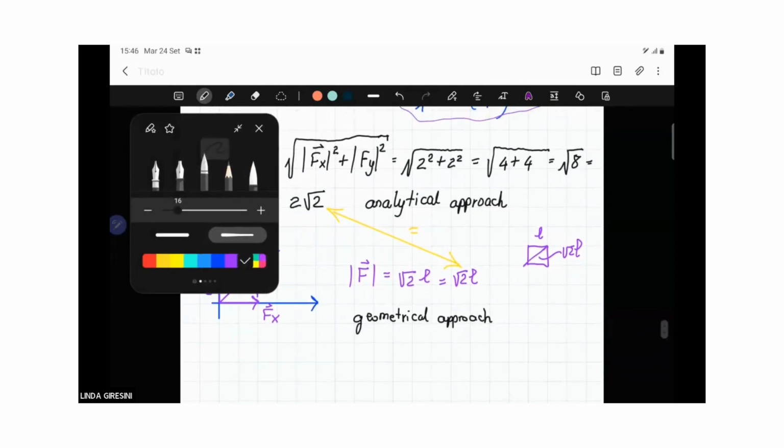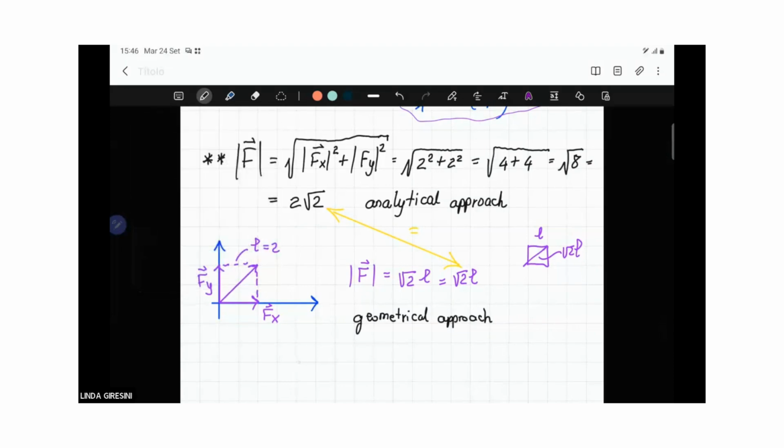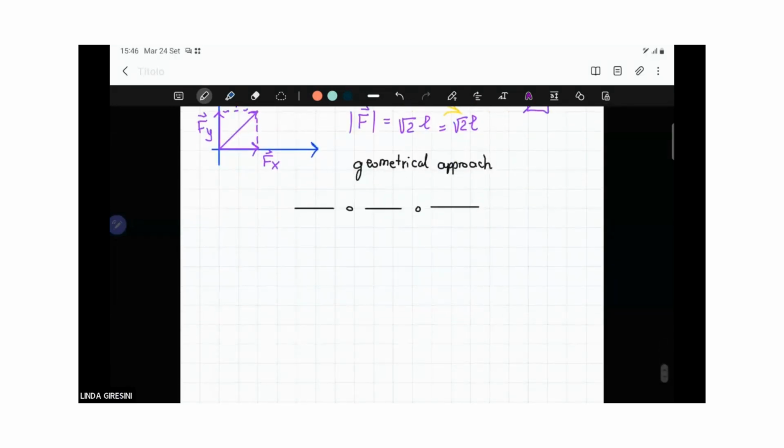Okay, now let's introduce another couple of definitions. What are rigid bodies? Rigid bodies are bodies that do not deform.